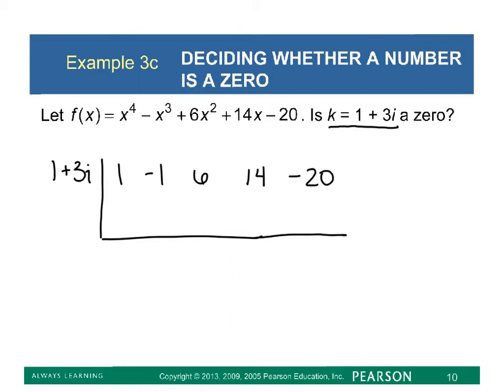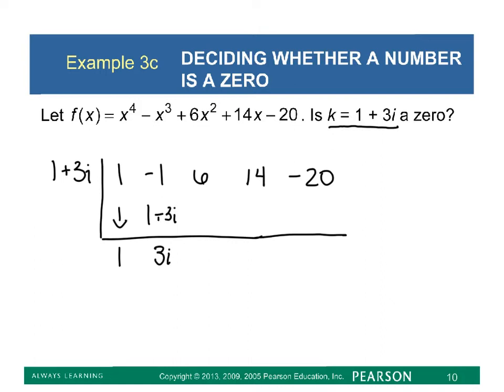Okay, now drop down your 1, multiply together 1 plus 3i to 1. That's not so bad right now. So it's 1 plus 3i. So we get -1 plus 1 minus 3i. That's just going to give us 3i.